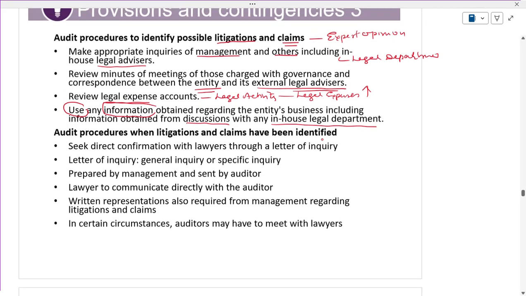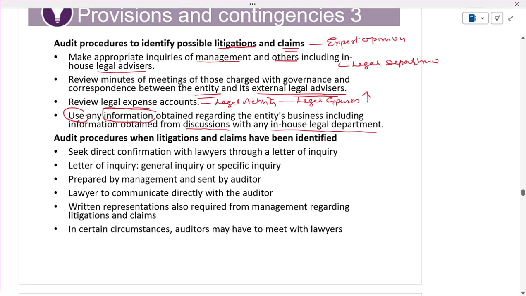Now, when litigations have been identified, we have said there are some legal issues, some legal cases. Immediately what you have to do is get direct confirmation from the lawyers. If we have identified any issues, we have to get direct confirmation from the lawyers.